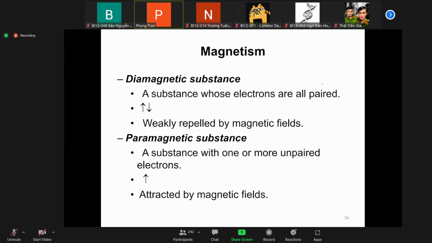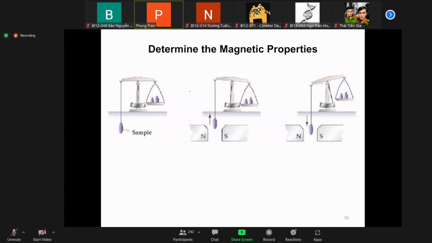The degree of this magnetism, we can measure experimentally. It's quite simple. Let's say you put the sample on a balance, and then you put a magnet.